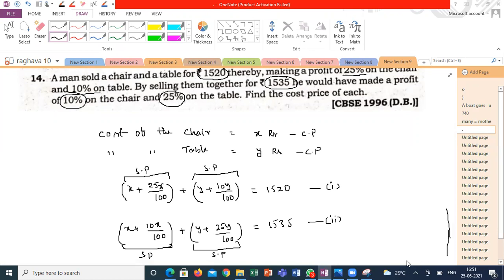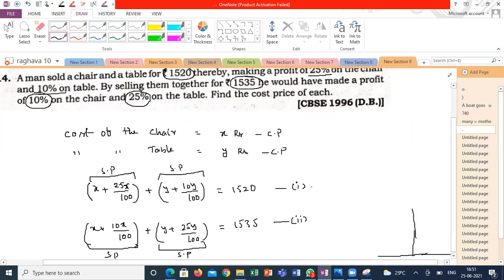After simplifying, my first equation will come like this, writing in blue color: x plus 25x is 125x by 100, plus 110y by 100 is equal to 1520. So from here, this will be 125x plus 110y is equal to 152,000.